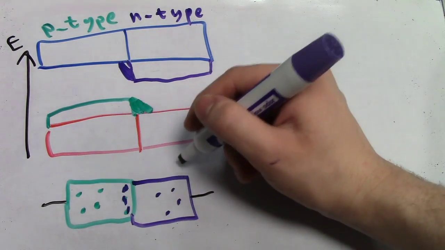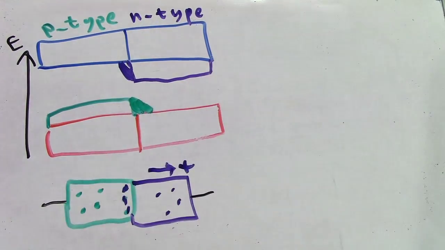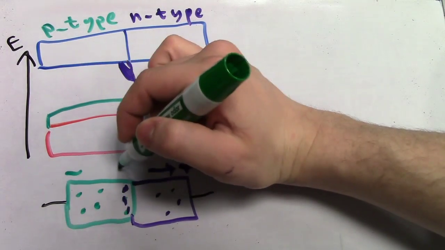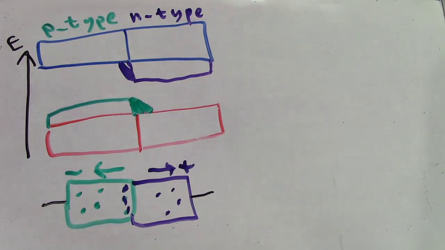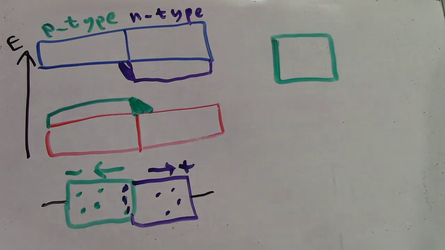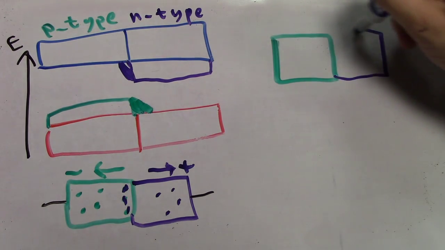However, in a diode, when the N-type electrons move over to join with the P-type holes, both semiconductors become ionized with a slight electric charge. This ionization prevents more N-type electrons from joining with P-type holes.